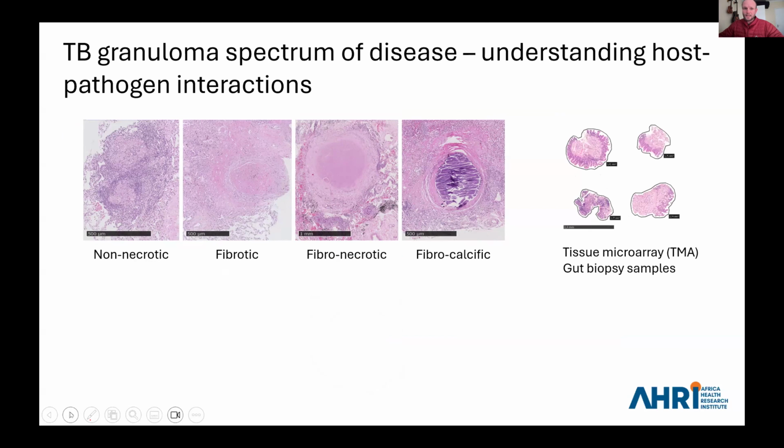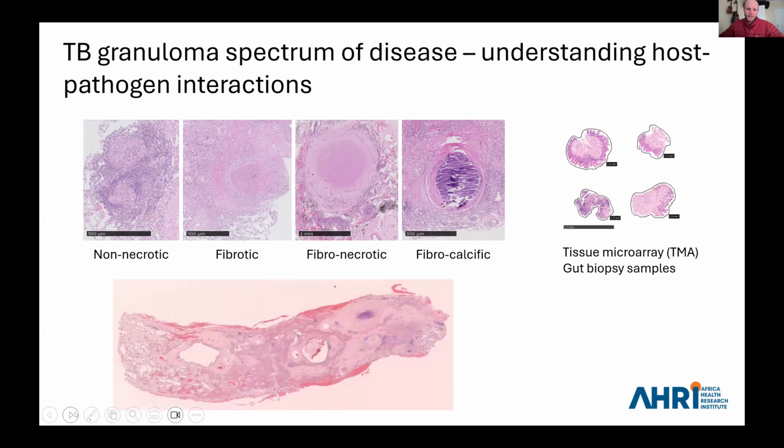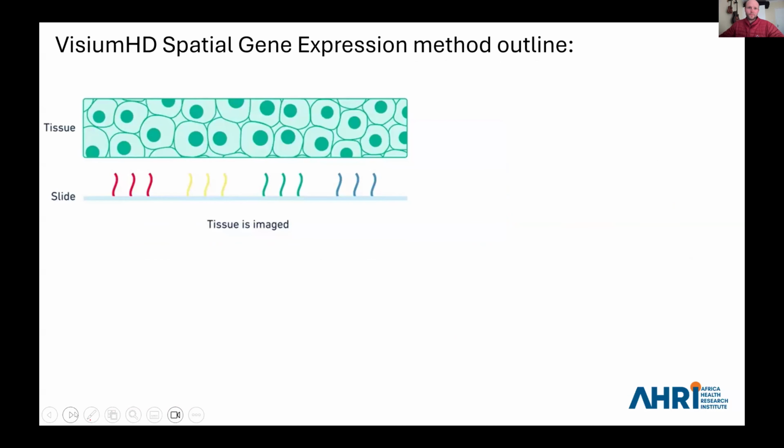But this is just also a nice approach in which you can actually multiplex the output from the Visium HD capture slide. So that is just an example that I want to show, but I'll focus on the TB results that we have so far. So I'm going to focus on this particular PID. So this is the H&E for the sample that I'll focus on, and then get into the workflow.